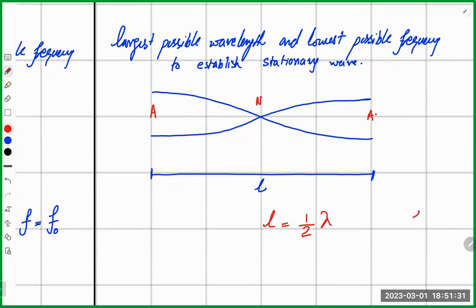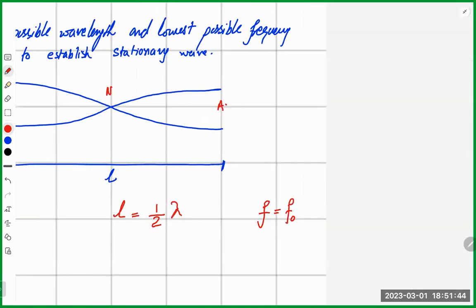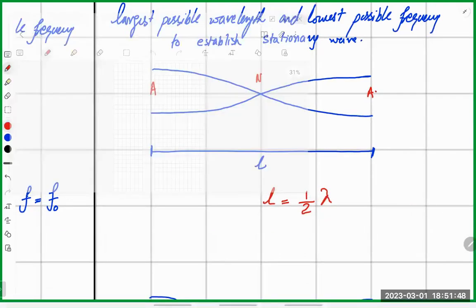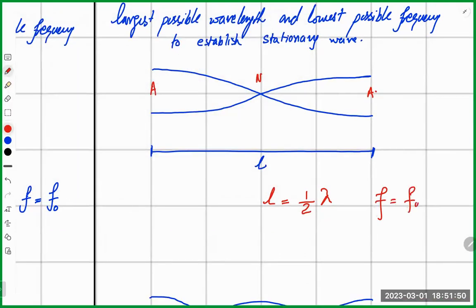This is the basic and largest wavelength, with the least frequency that can establish a stationary wave. So we will call it F naught.